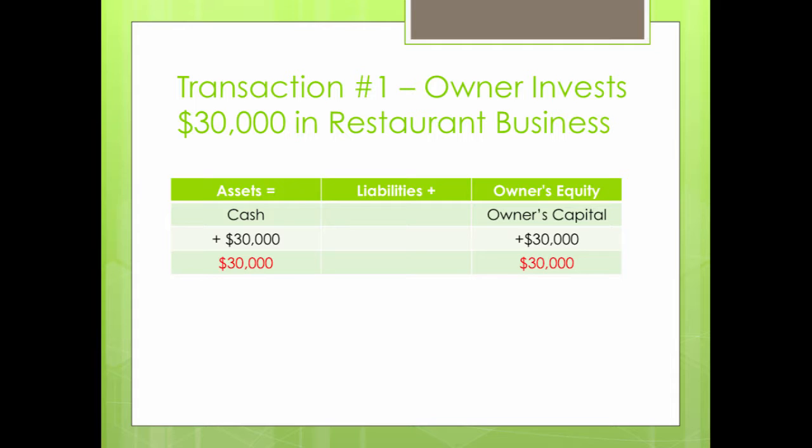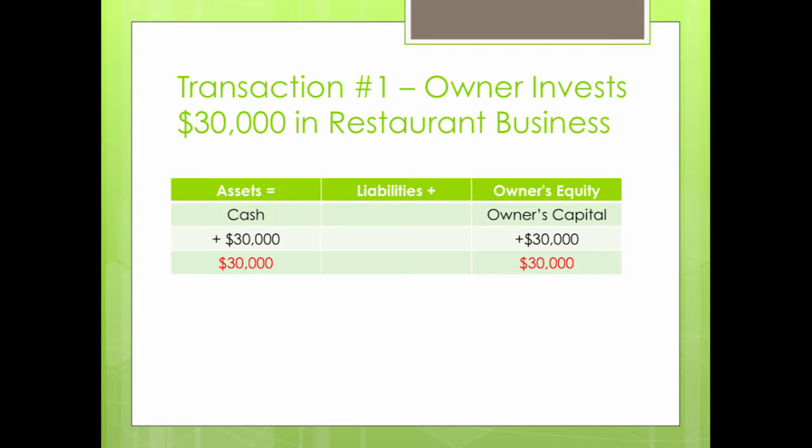And then the last question that you need to be asking yourself is, will investing cash increase or decrease the cash account? Well, this is an investment into the cash account, so the cash account will need to increase. You're depositing money into the cash account.